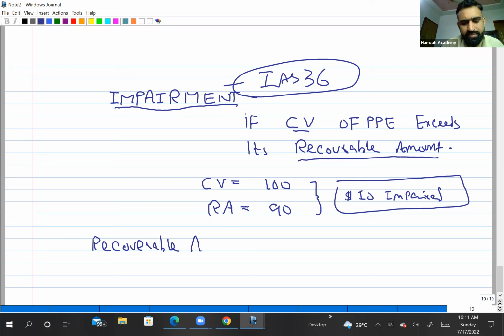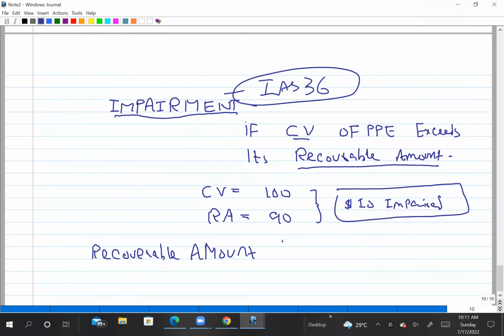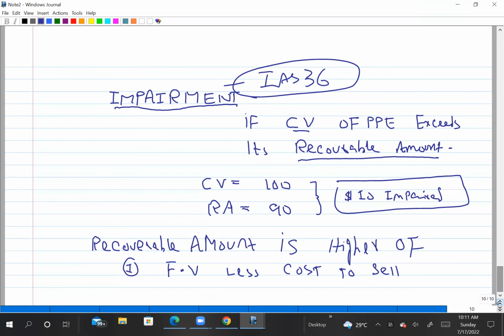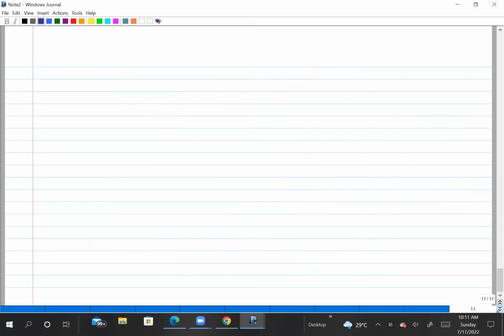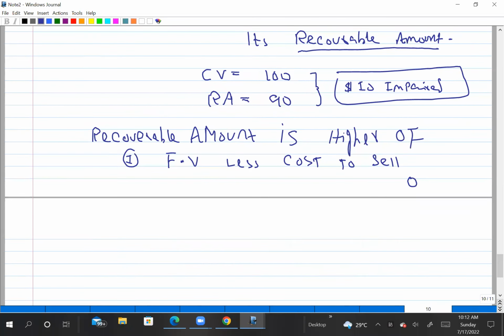In accounting terms, recoverable amount is the higher of fair value less cost to sell or value in use.